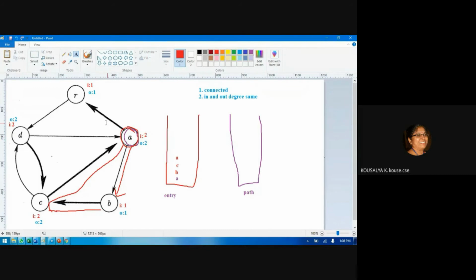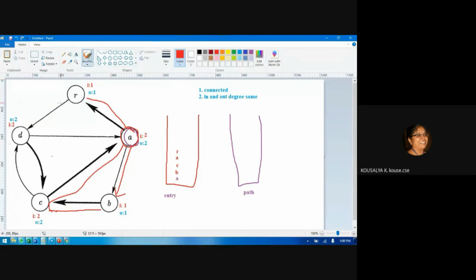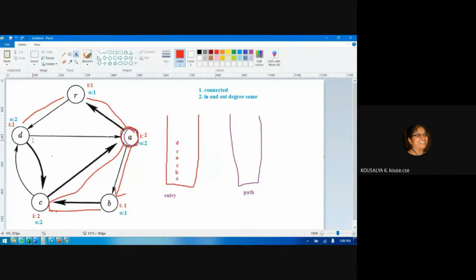From A, R is available, so I add R. From R, I have D, so I add D into the stack. From D, assume that I select A, so I put A here.